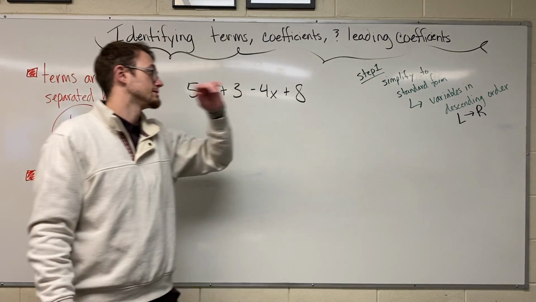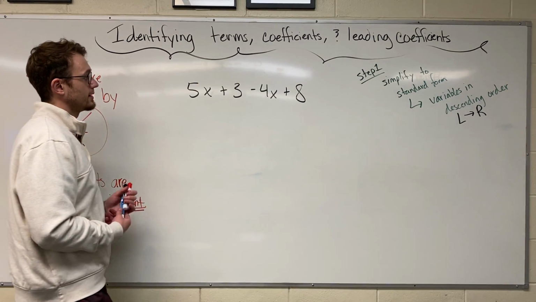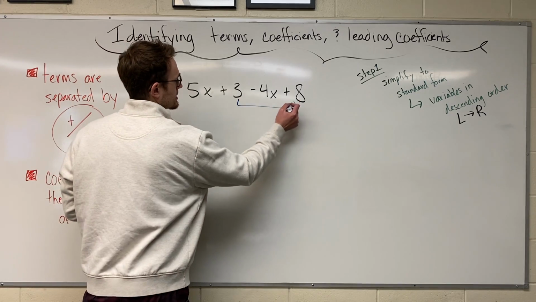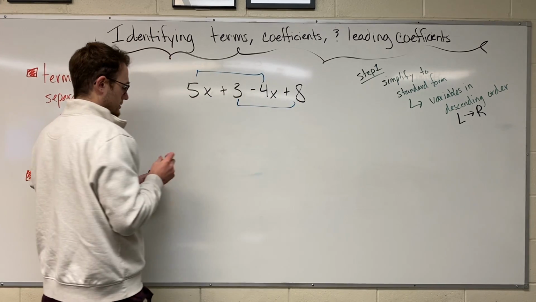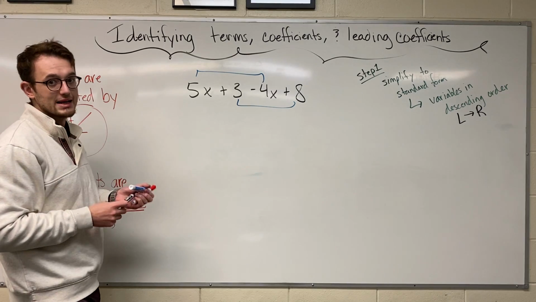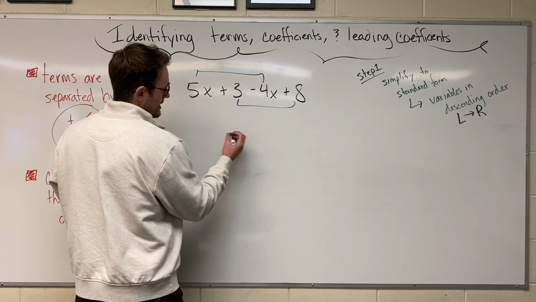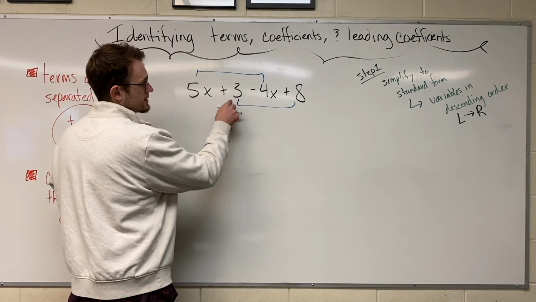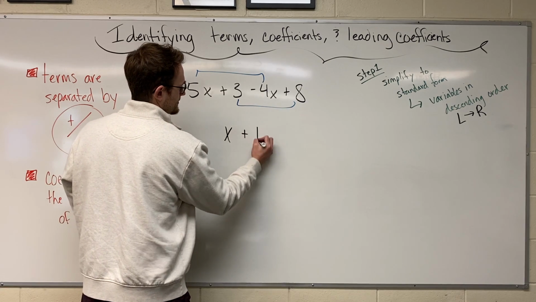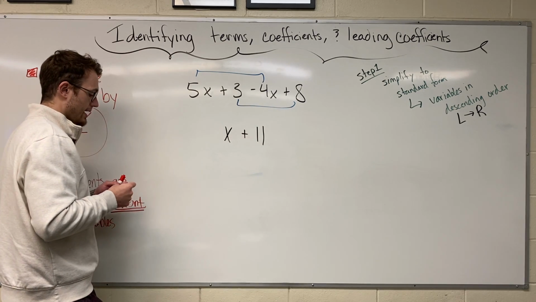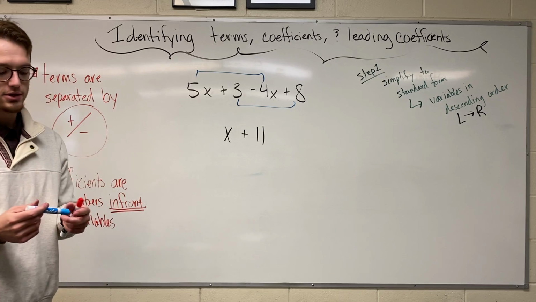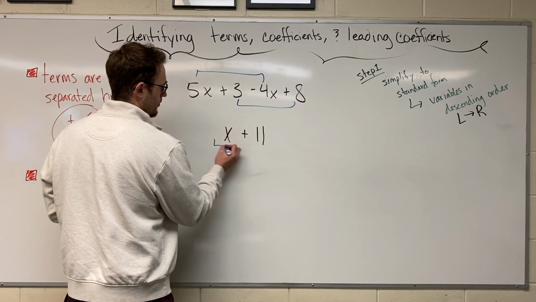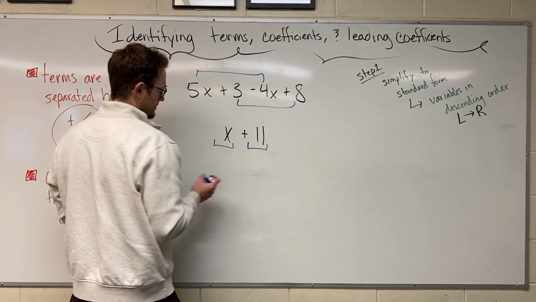Simplify it, okay? That's step 1. So I'm going to combine like terms. So 5x minus 4x is x, 1x. Positive 3 plus 8 is 11. Okay, so now I'm down to 2 terms. I have 1x and I have positive 11.